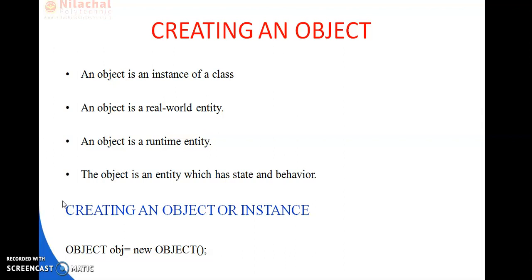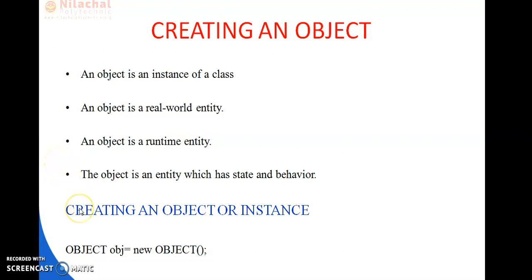For example, a bird is an object, an apple is an object, and fruit is a class. An object is a runtime entity which has states and behavior.